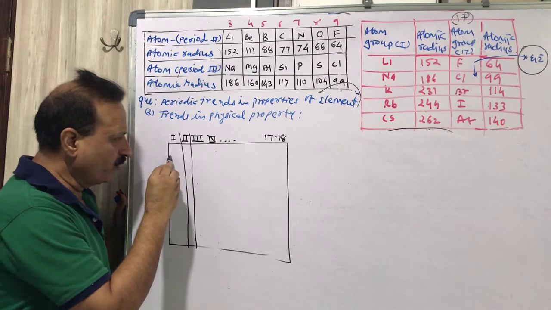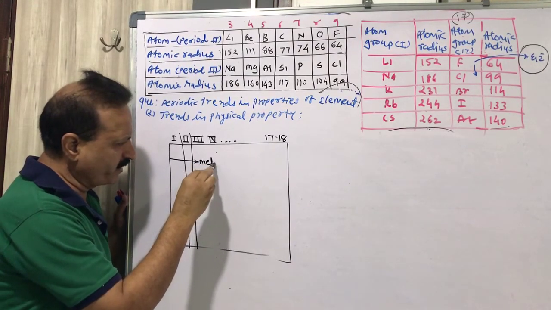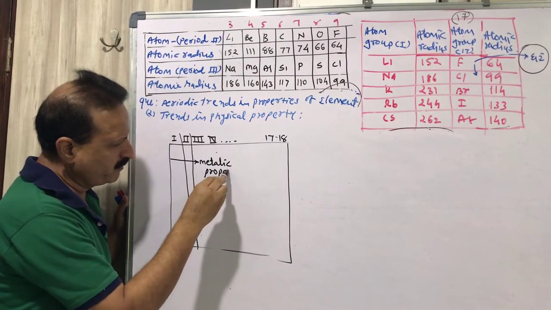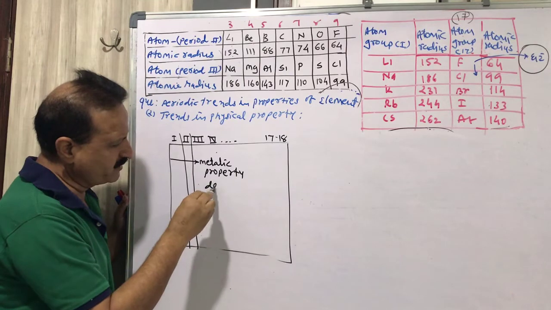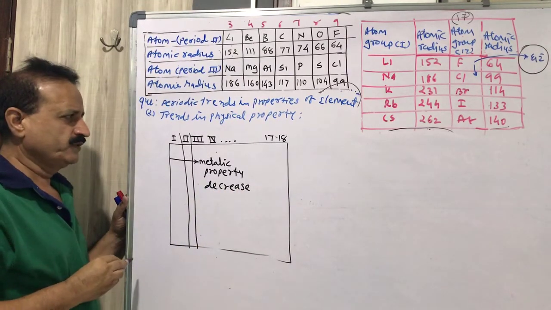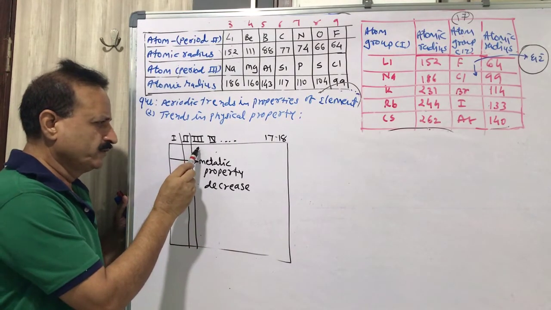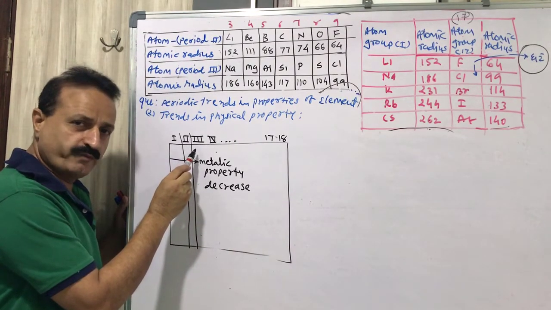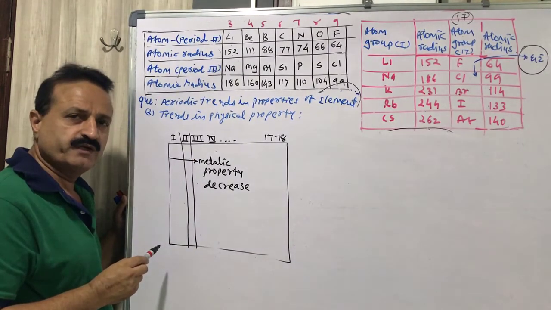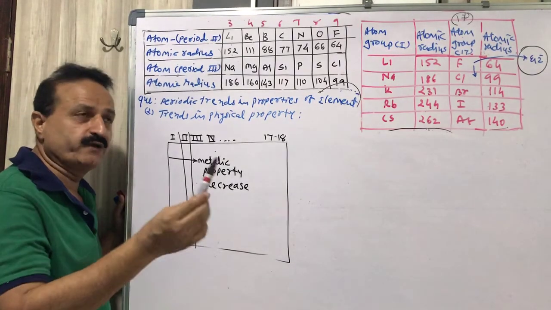As we go left to right, metallic property decreases. So this is group 1 metal, group 2 metal, group 3 also metal, group 4 it is semi-metal.